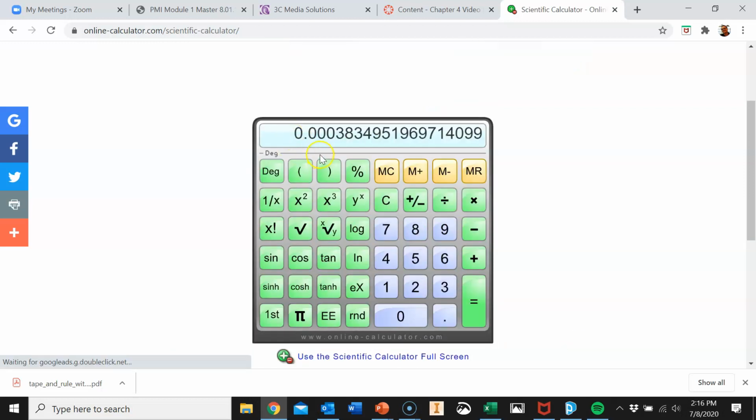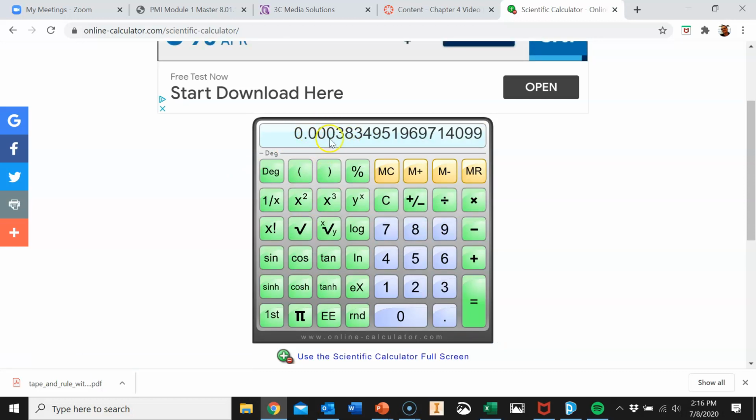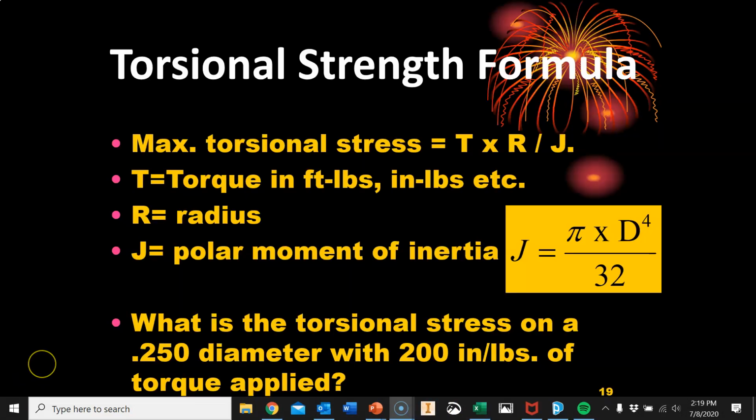Okay, so it is 0.00038. So we're going to round this to 4/10, 0.0004. 4/10 thousandths, tenth of a thousand. All right, so then we go back. Now we'll use the T times R divided by J to find the max torsional stress on this part. So T is 200 pounds.